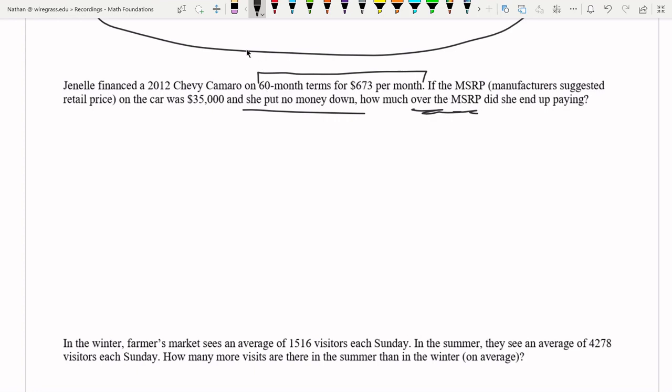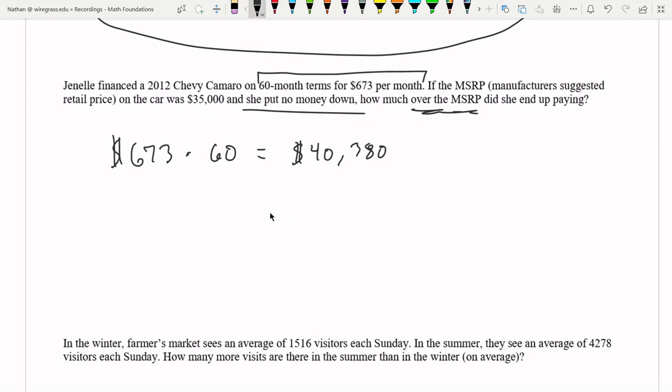Well, if she pays $673 per month for 60 months, then we know she's going to pay $673 times 60. Let's use that calculator for that. And I'm finding she's paying $40,380. The car is worth $35,000. So how much more did she pay?